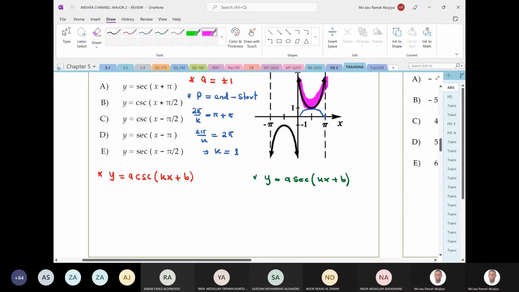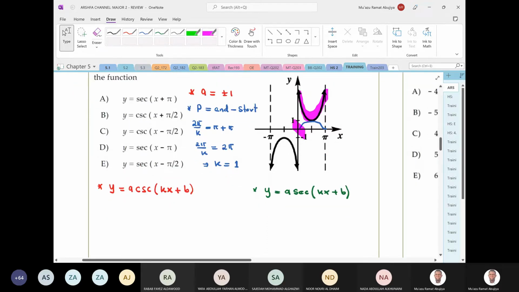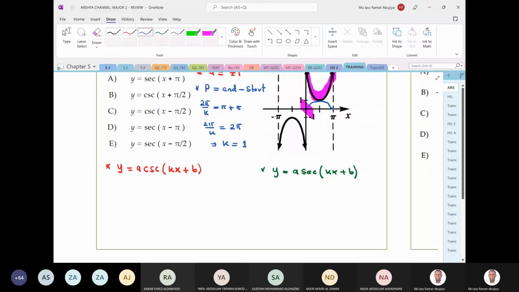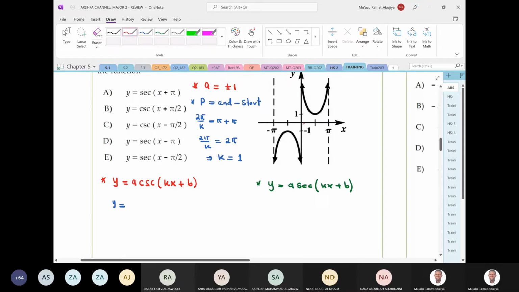Now, if you see, this is our y-axis, so the graph is starting from 0. That means there is no horizontal shifting in the graph. And if there is no horizontal shifting, what does it mean? It means the equation is going to be like this one. We have y equal to, now we are starting from the positive x-axis.